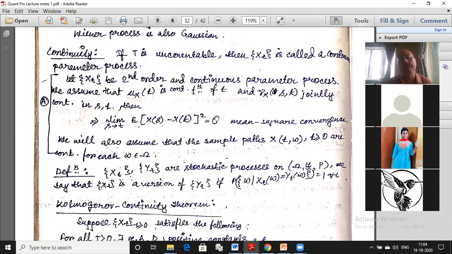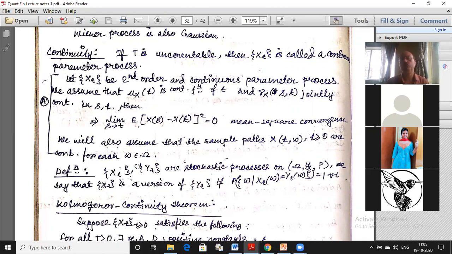But suppose we make that assumption. Can we justify that? So, of course, if we make that assumption, life would be easier later on. But justifying that assumption would be important because we are making an assumption for each omega, and you understand it's a lot of assumption. So let us first take the assumption. We assume that the sample paths are continuous for each omega.